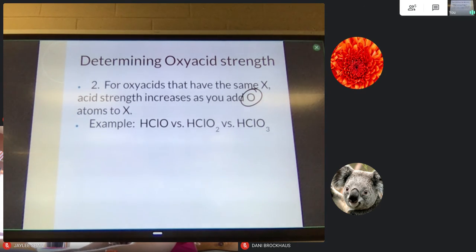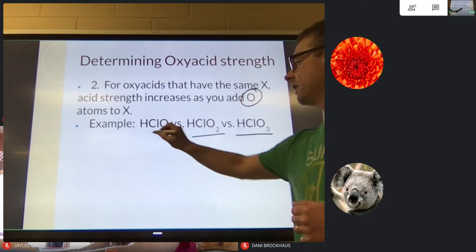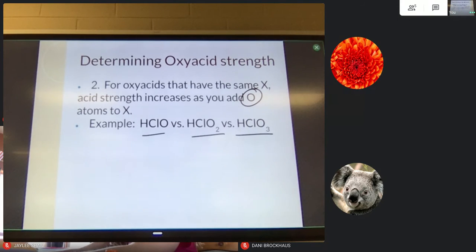It produces a resonance structure that lets them share the burden of that extra negative charge. So this is the strongest acid out of the group, this is second, this is third. And by the way, if you look at your strong acid chart, that one is listed as a strong acid, so it must be the strongest out of all of them, which it is.